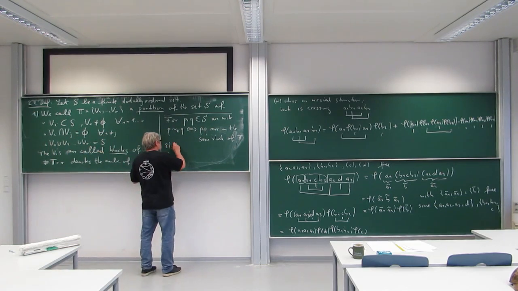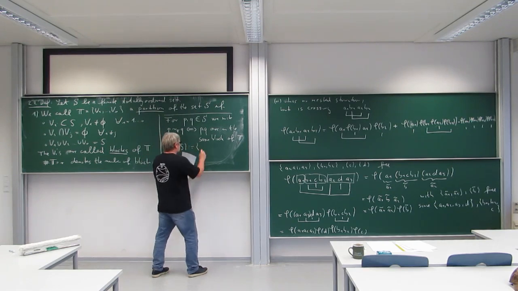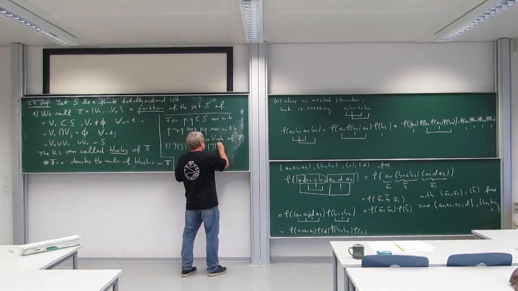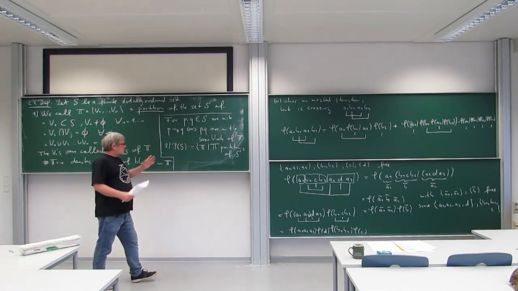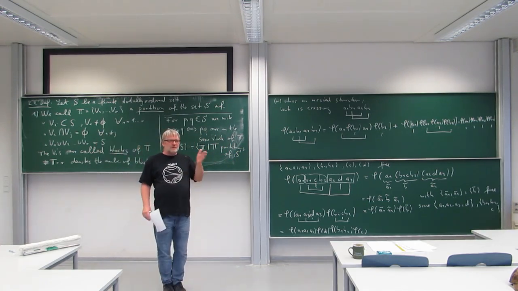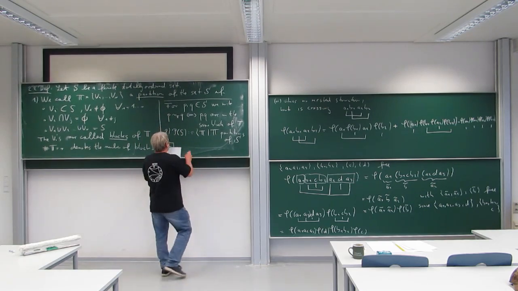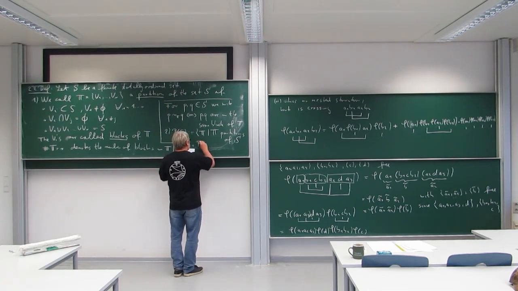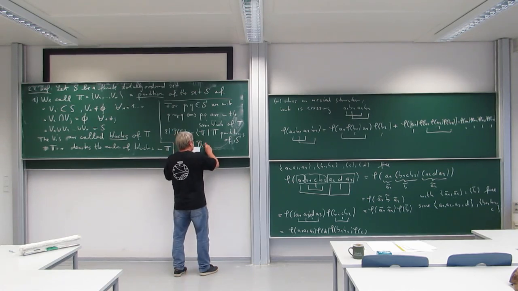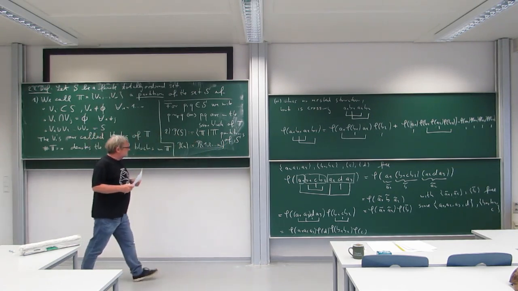Usually we denote this by P(S), so this is the set of all pi's which are partitions of S. And then usually our set S is just the natural numbers from 1 up to n, and then I just denote this by P(n). So P(n) is just the shorthand for P of the set {1, ..., n}.